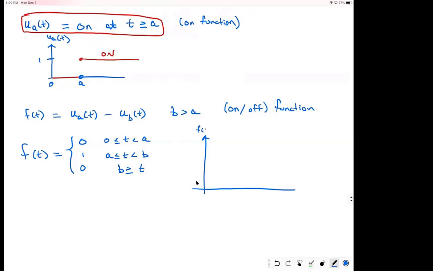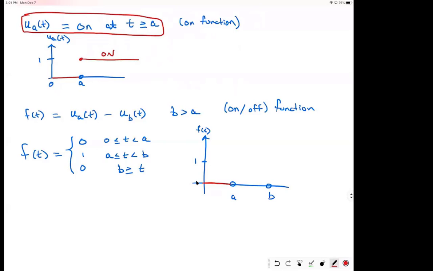If I drew a picture of that, it would look like this. This would be f of t. This is 1, and this is a. That looks a little open there, let me fix that. This is a, and this is b. What's happening is the function is off from 0 to a.